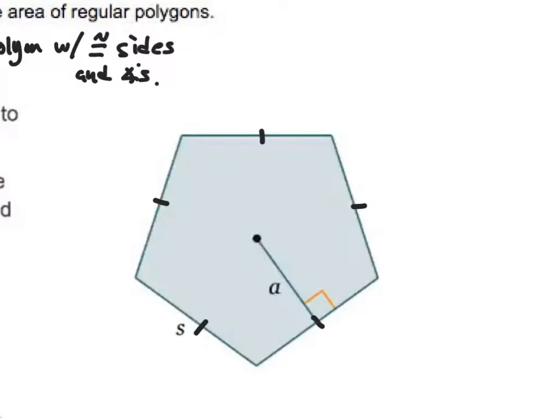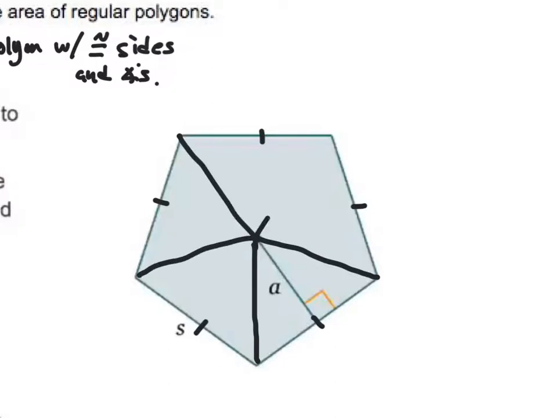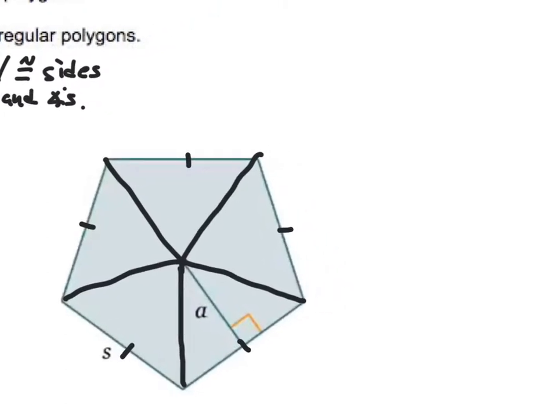From this center I can also draw in this distance here and here, and what I have is a triangle. If I did that to all of the sides, then I have 1, 2, 3, 4, 5 congruent triangles. Now I can come up with a formula for the area.